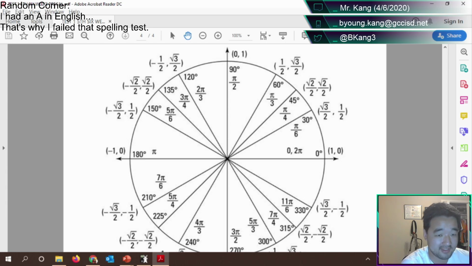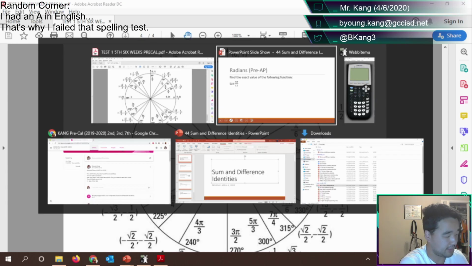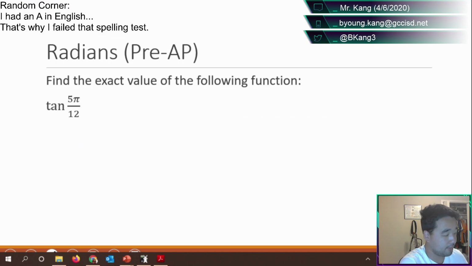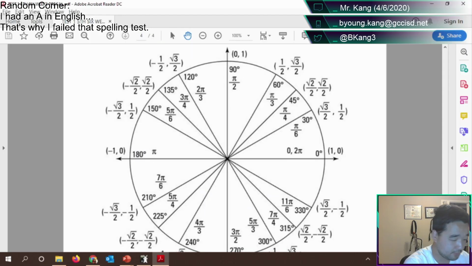My tip, because I know a lot of you just really hate fractions, and most students do, but for 5 pi over 12, if you look at all of the radians, all of these fractions, the least common denominator for everything on the unit circle is 12. So if you want to just mentally or actually on your unit circle, just think of all of them in reference to 12 in the denominator, it helps you a lot.